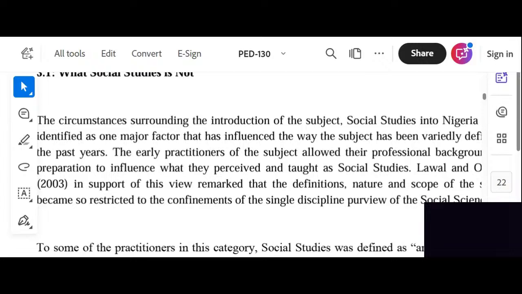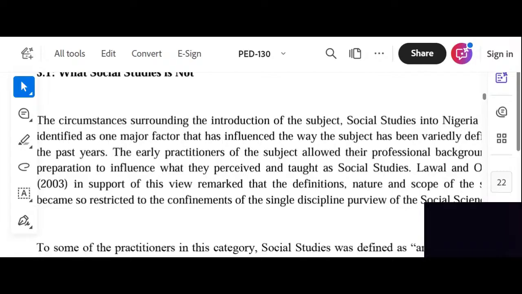There are some things that happened then when they brought it, the circumstances that were invoked then. So this is a kind of foundational problem. The reason why we're having wrong definitions of social study dates back to the beginning when they brought the subject into Nigeria.